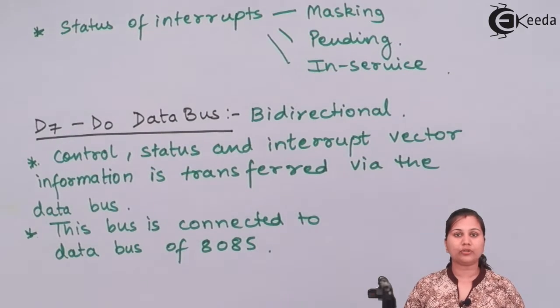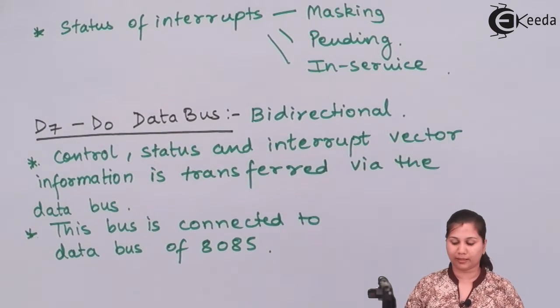So this D7 to D0 is the bidirectional data bus, and the control, status and the interrupt vector information is transferred via the data bus.